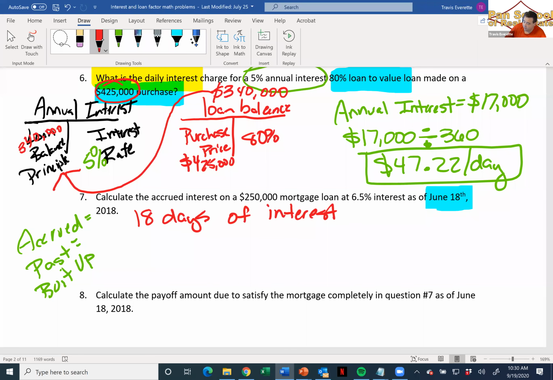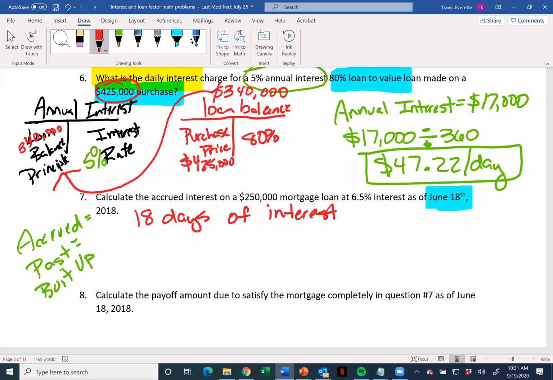Well, if you go back and look at number 6, they were saying, how much is it per day? The only wrinkle we've added in here is how much is it for 18 of those? So does it make sense that we're going to do the same thing? We're going to come up with daily interest, but just multiply it by 18 days? Is that okay for everybody? Yes.